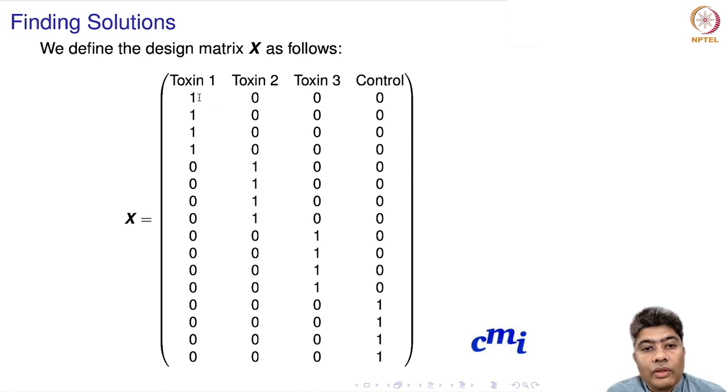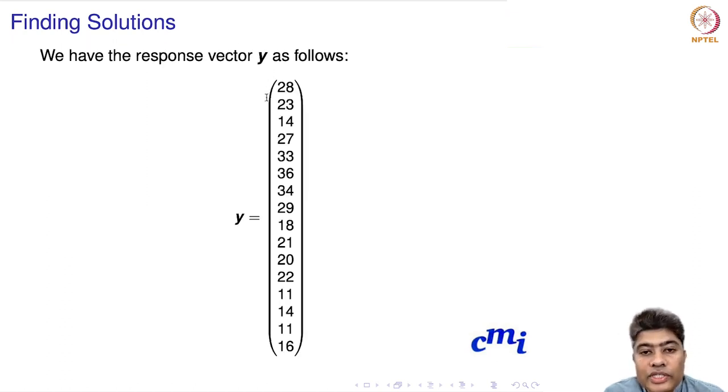We have 16 rows for the samples. If a row belongs to toxin 1 we have 1; if a particular row does not belong to that group, then that row gets 0. All the observations are stacked one over another.